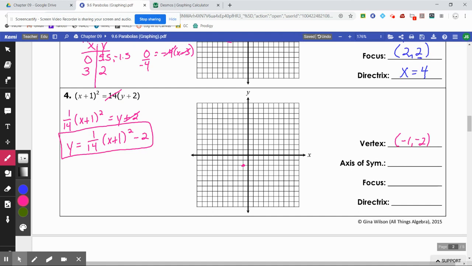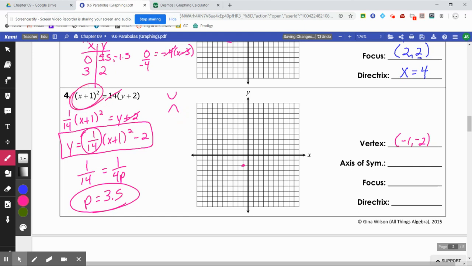That was the vertex. The 1/14 is going to be your 1/4p value. Solving that is going to give you a p value of 3.5, which is positive, which we already knew was going to be positive because the 1/14 was positive. So this is an x squared parabola, and with x squared parabolas, it all depends on where the squared is.